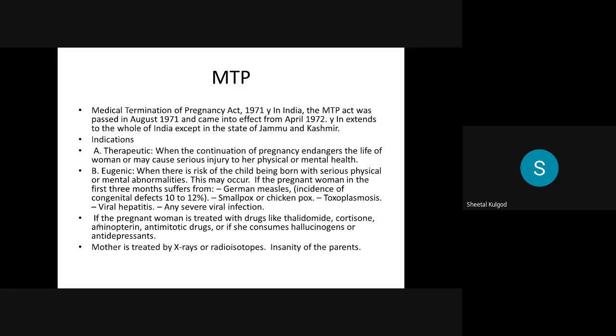So these factors will be classified into eugenic factors, and whenever there is a risk of a child being born with mental or physical abnormalities, the MTP can be offered.